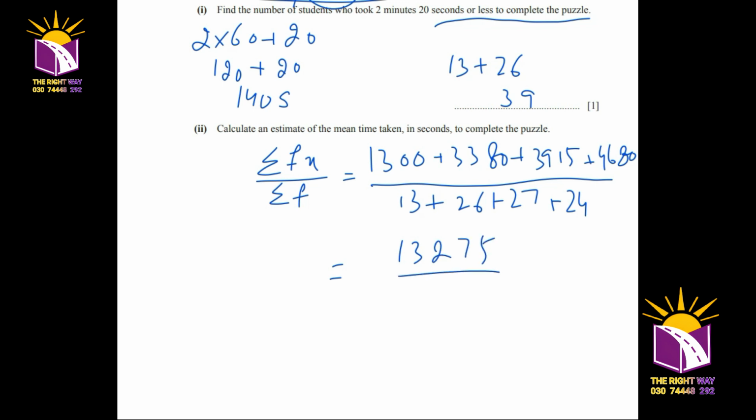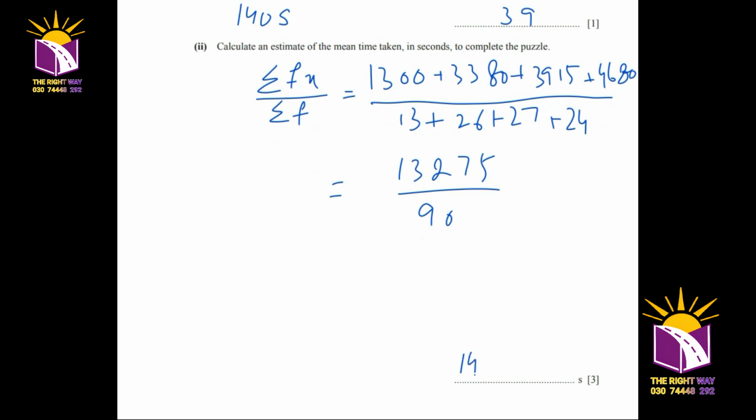So 13275 divided by 90 will be equal to 147.5. So the mean time is 147.5 seconds.